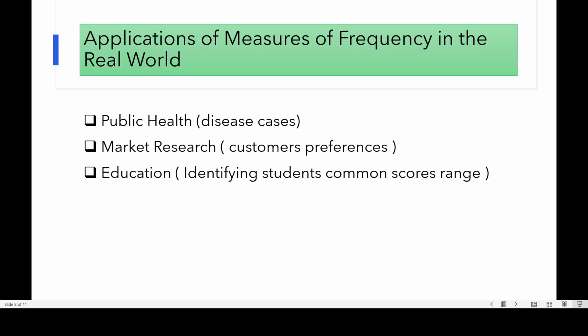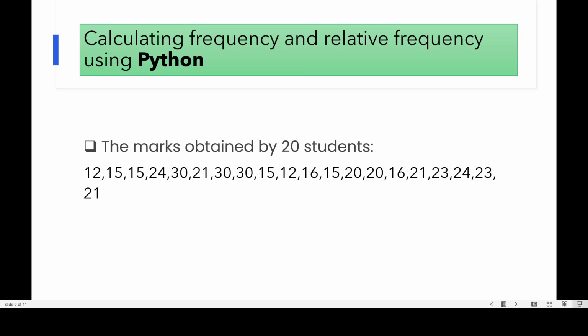Similarly, in market research, we can analyze customer preference and frequency of purchases for different products. In education, we can examine score distribution across common score ranges. Now we will implement this to calculate the frequency, relative frequency, cumulative frequency, and so on.